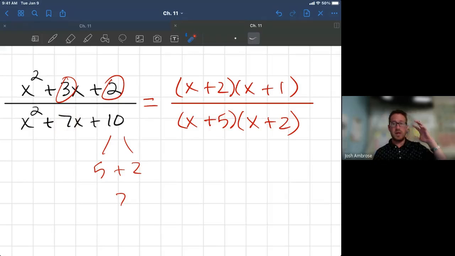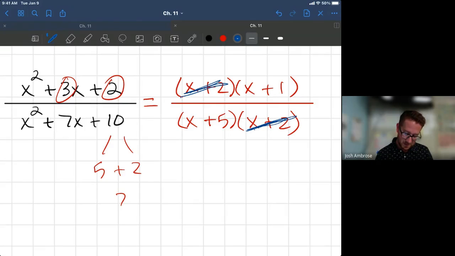Now look, what do we have in common from the top down to the bottom? I see x plus 2, and I see another x plus 2. So right there, meaning what I have left is x plus 1 over x plus 5.